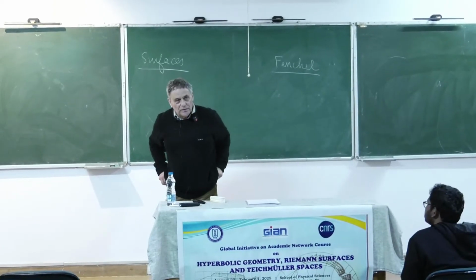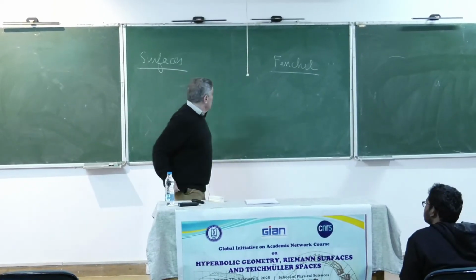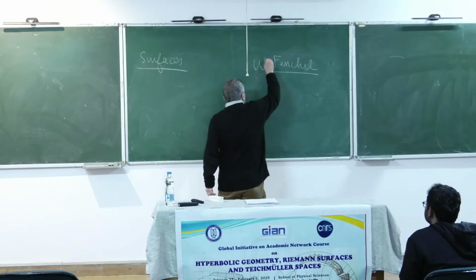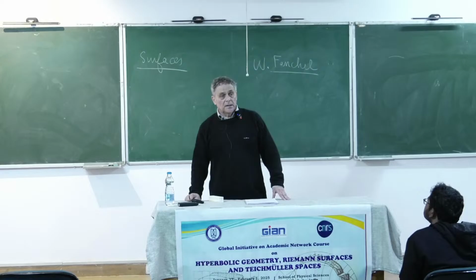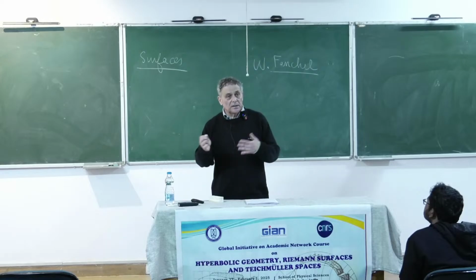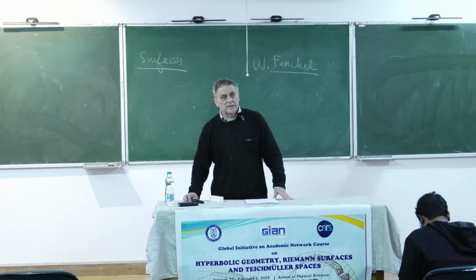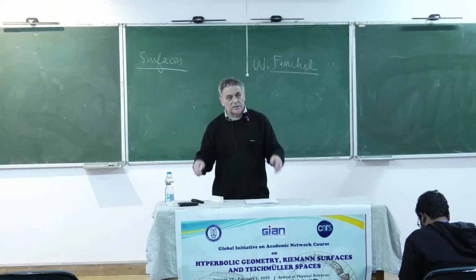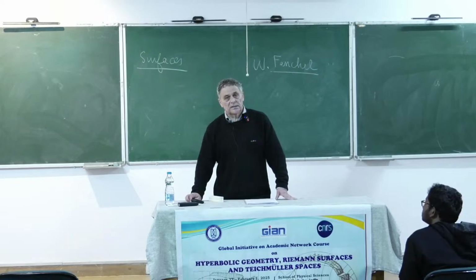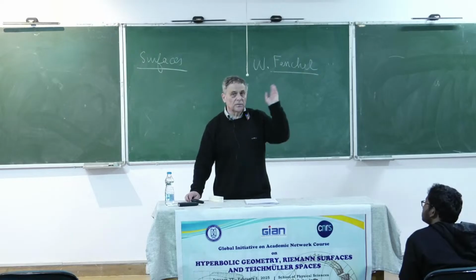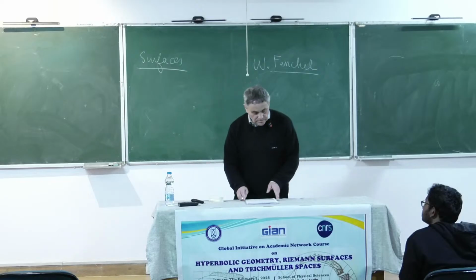But he wrote this book much earlier, Werner Fenchel. And he has a lot of trigonometric formulas, not only for hexagons, but all sorts of polygons, and with not necessarily right angles. Just look into this book.